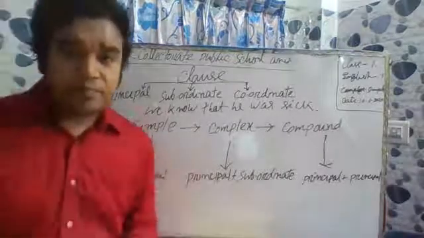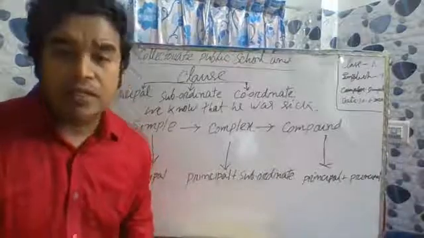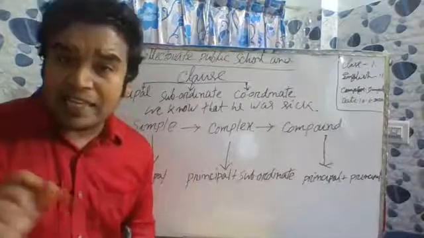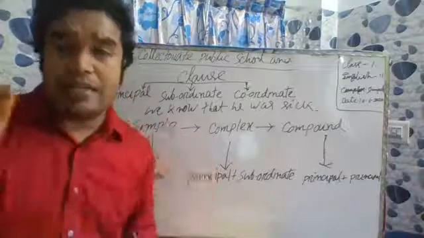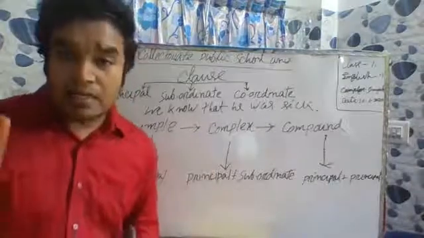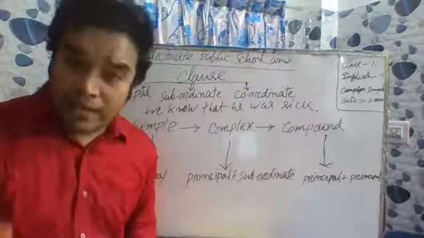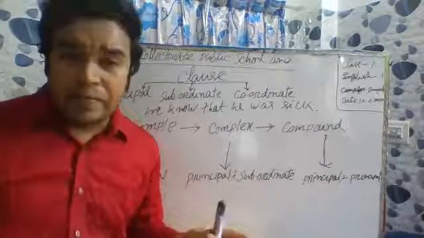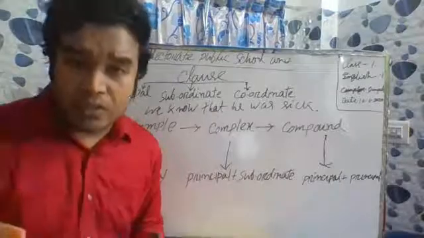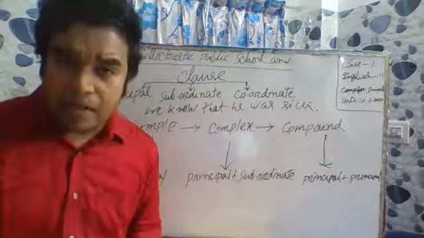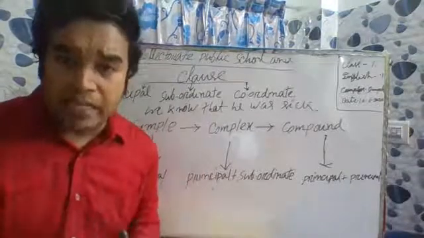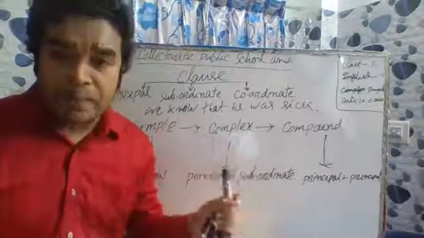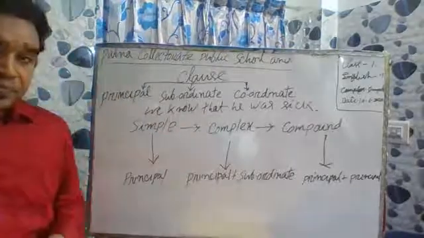I repeat, what is subordinate clause? Subordinate clause is just like the principal clause. This clause has a subject, a finite verb, an extension also, but it never gives you a complete thought, and it always takes help of a principal clause to reveal or complete its meaning. I hope you have understood.